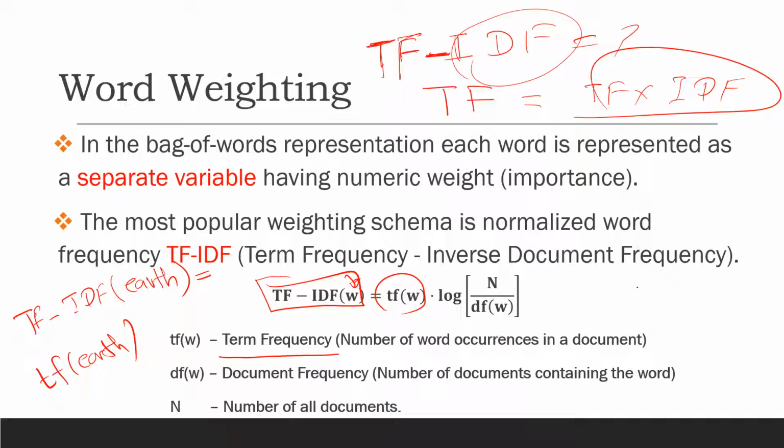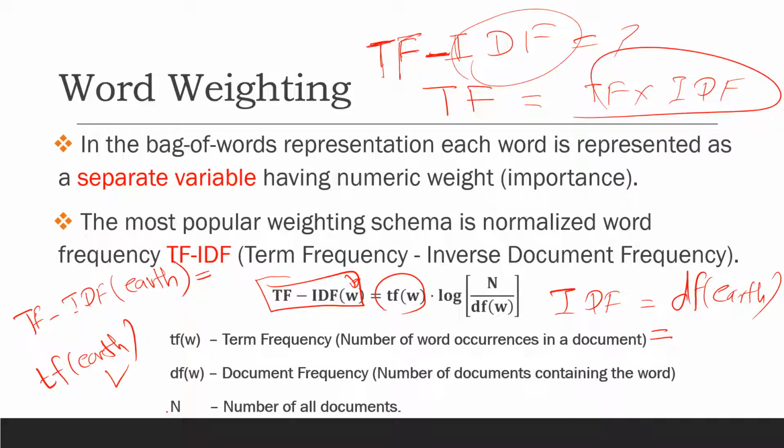Let's say you have a document; in that document, you need to count how many times the word Earth is located. That is called term frequency. Now IDF stands for inverse document frequency. It means you need to find out how many documents the word Earth is in. DF of Earth means you are calculating how many documents contain the word Earth.